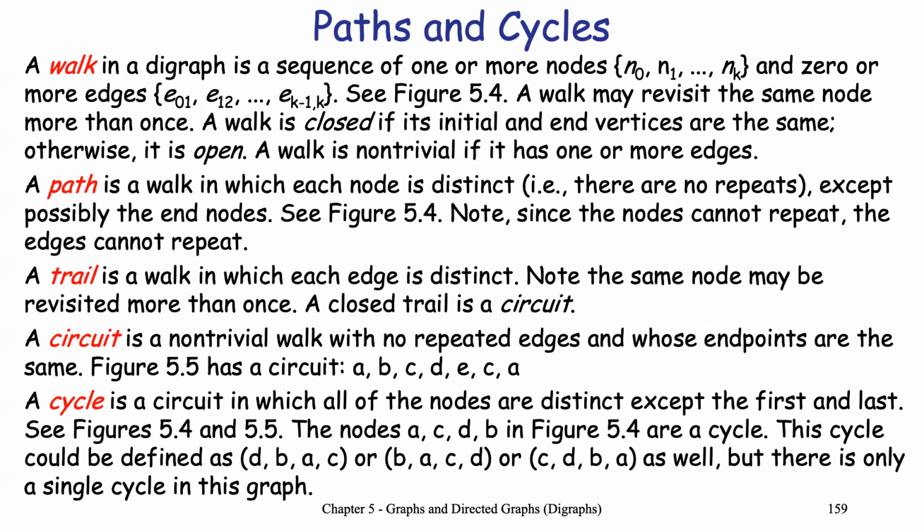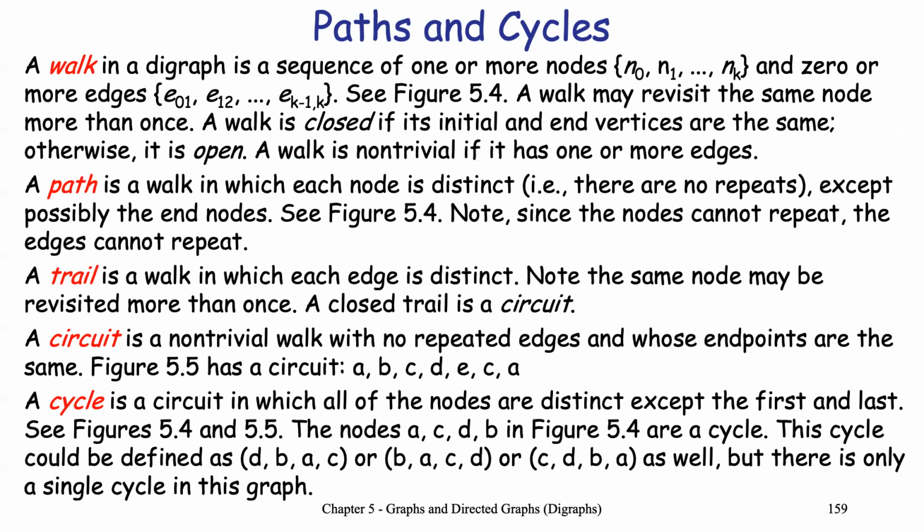We have several definitions for paths and cycles, the ways we can go from one point to another in a digraph. And so a walk in a digraph is a sequence of one or more nodes. A walk may revisit the same node more than once.